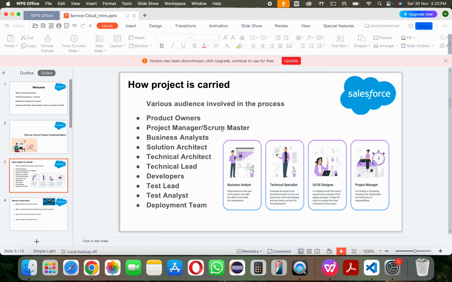To manage all this, the delivery dates, the requirements, the requirement gathering, everything is handled by one headmaster, called the Scrum Master. He is the person you interact with daily in the morning, because he will ask each and every person for updates.